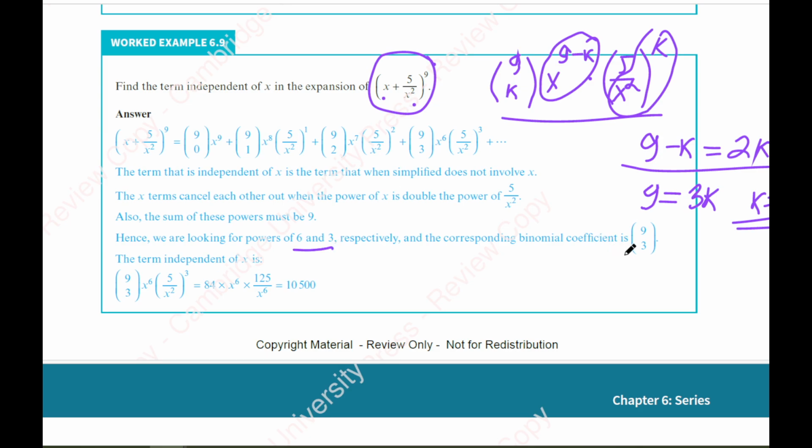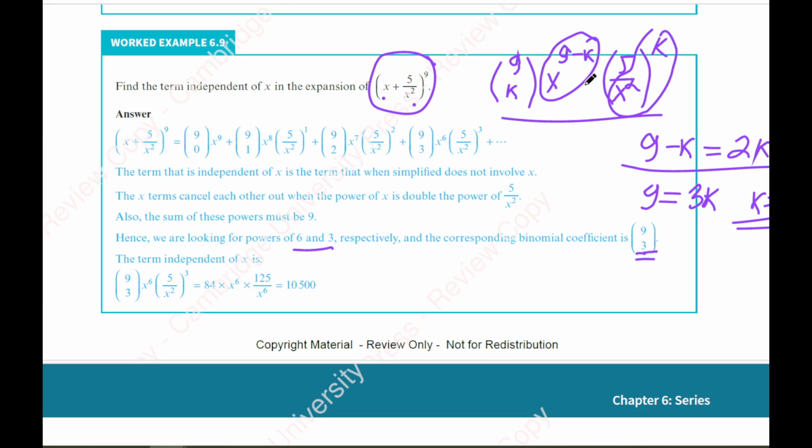And here you can see these are the powers, 6 and 3. The corresponding binomial is 9 and 3. If you put here 3, then it will be x to the power of 6, and below there is x to the power of 6, so you will cancel it.